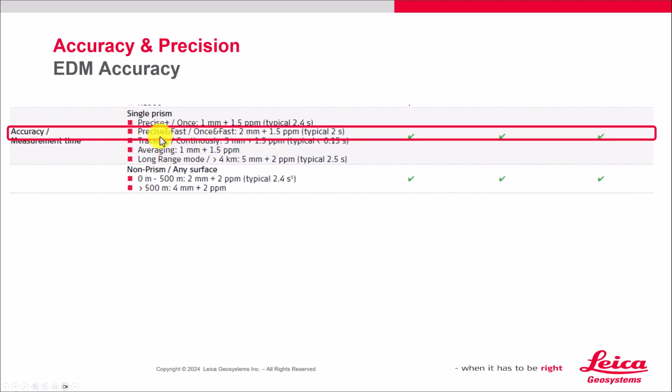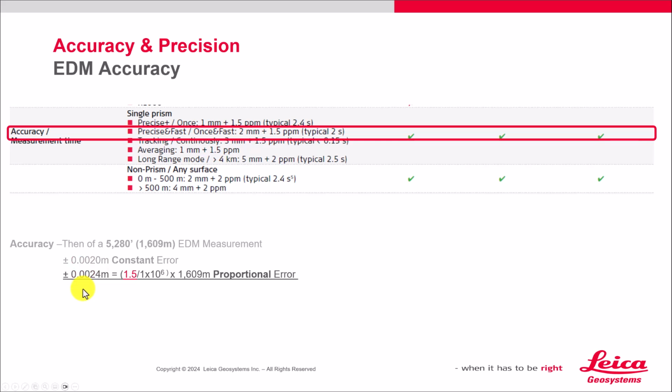Let's take a specific look at this precise and fast: 2 millimeters plus 1.5 parts per million. Let's take a mile shot and look at the long distance of that. It's still not long distance as far as what this considers long range. So we would have 2 millimeters of constant error.